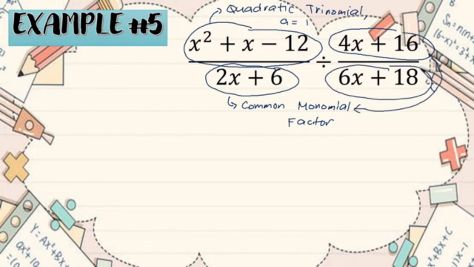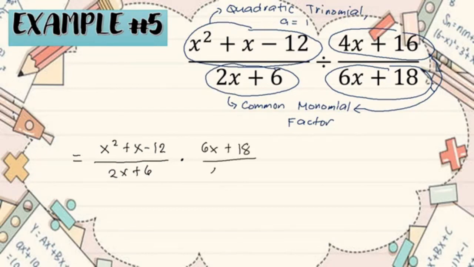So we could now proceed to the process. Copy x squared plus x minus 12 all over 2x plus 6, change the operation to multiplication, and get the reciprocal of the divisor, which is 6x plus 18 all over 4x plus 16. Then factor now.